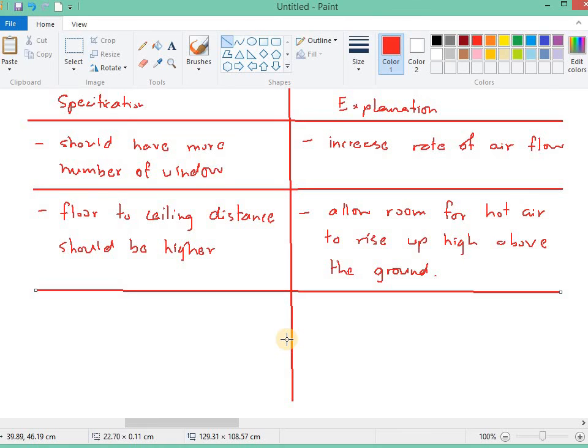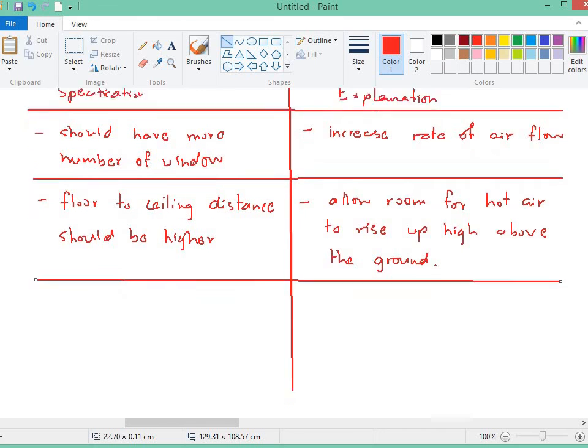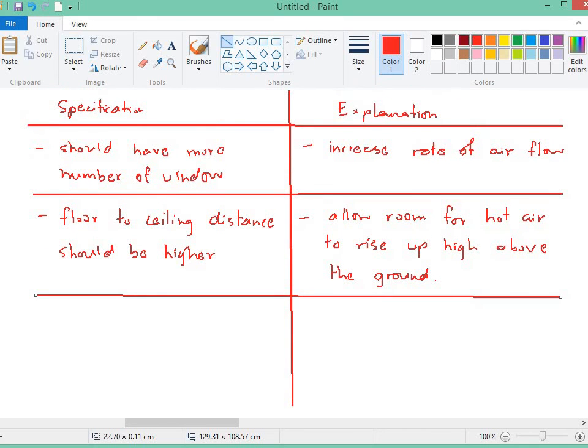The hot air is above, but you are still in that area where you have the hot air. Get the idea? So usually the houses that are more expensive, the distance between the roof and the floor will be higher. The reason is so that it's more comfortable, so that you won't feel hot.